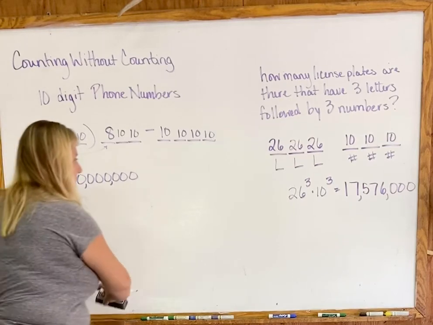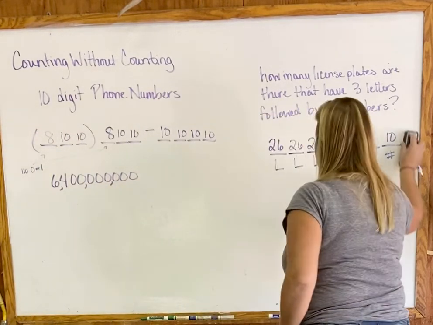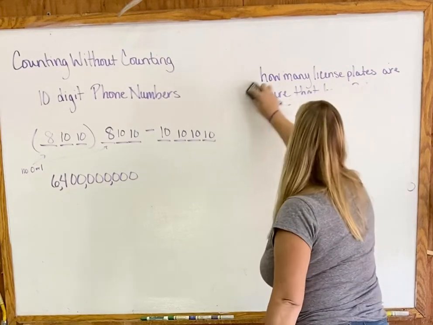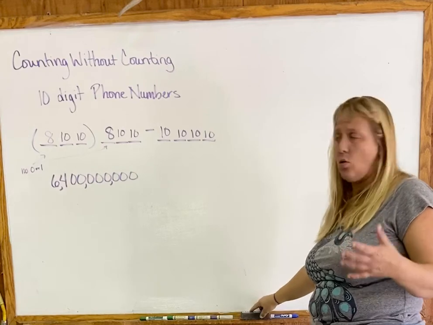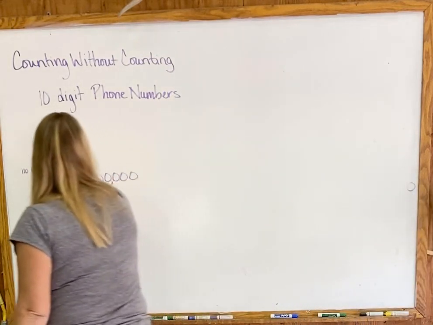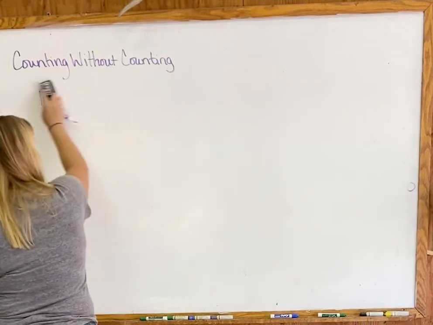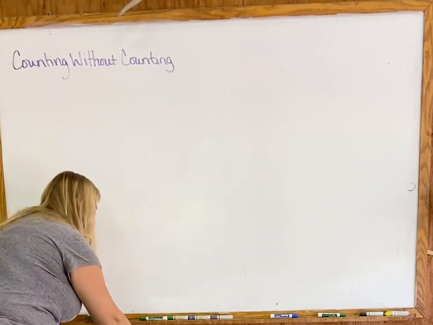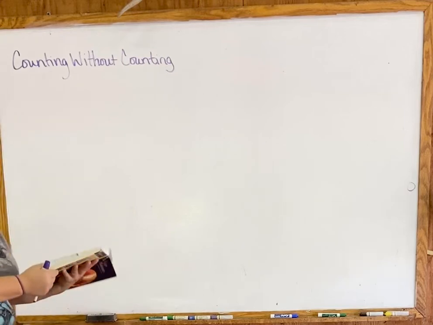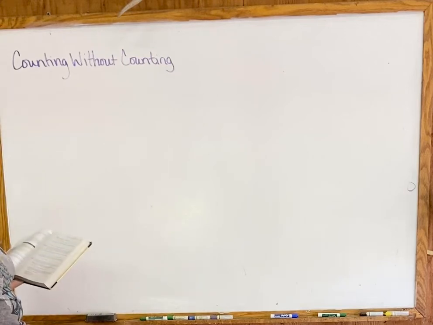Okay, so those are 2 examples, license plates and phone numbers. Those are some examples of ones that are neither permutations or combinations, but we can still do it, we just kind of fall back on the fundamental counting principle.